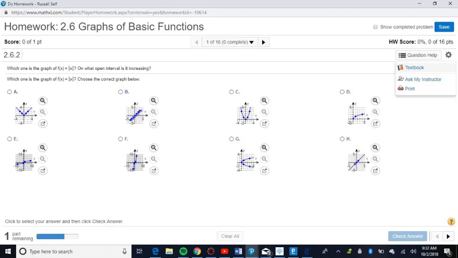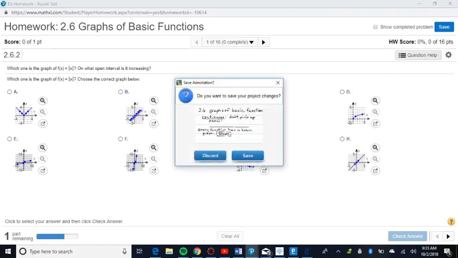So what I want to do is go to this textbook help.